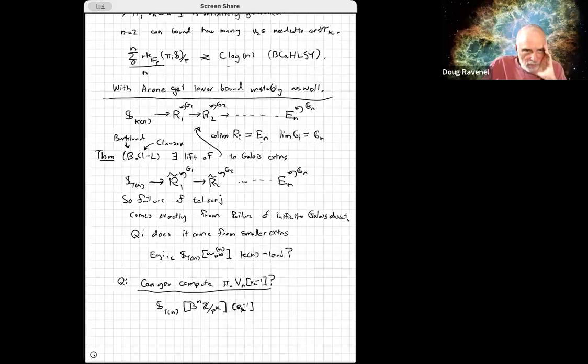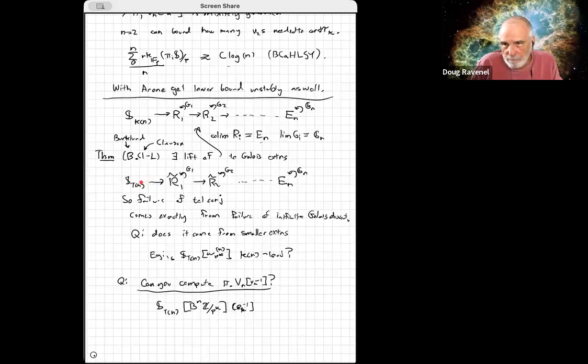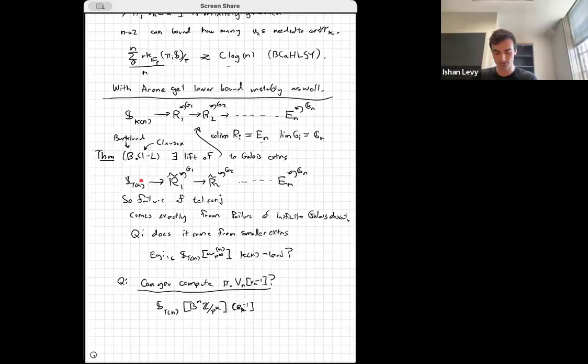But you don't have a similar description in this non-abelian case, is that right? No. I mean the theorem really is just that KN localization detects Galois extensions. So it's even more general than this. It's essentially telling you that any TN local ring, if you can localize it, will have the same finite Galois extensions.